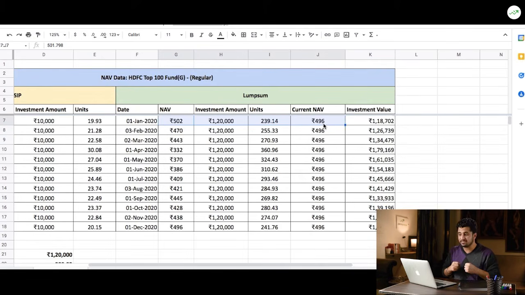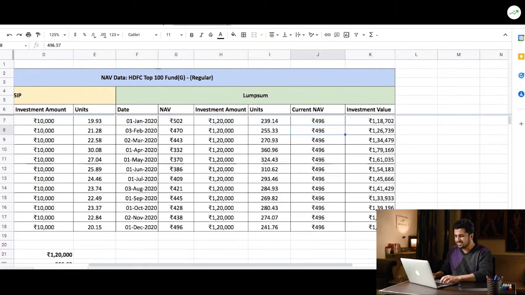So which means, though you were invested for that entire year, on 1st of December 2020, the investment value went down from 1,20,000 to 1,18,000 rupees. Loss? Oh, that's a minor one.